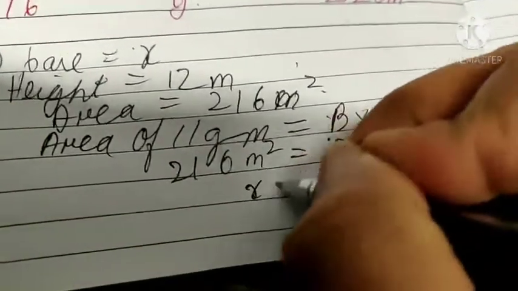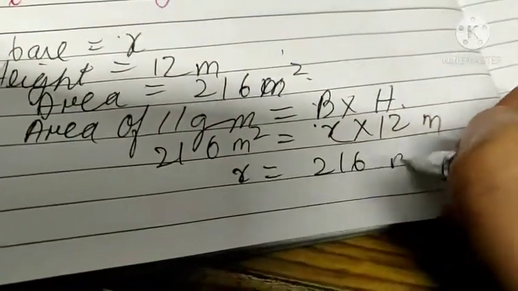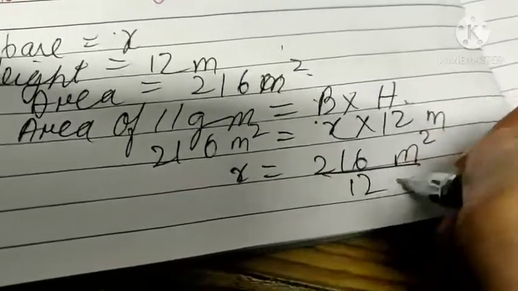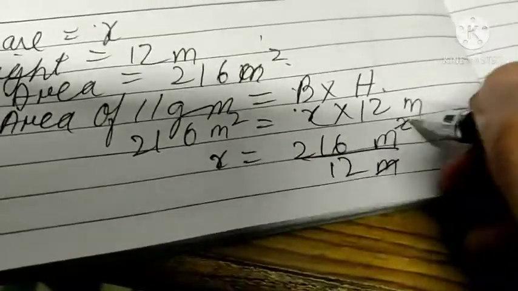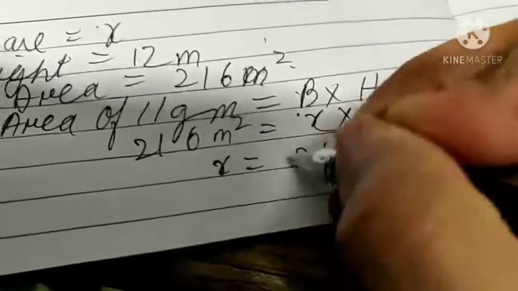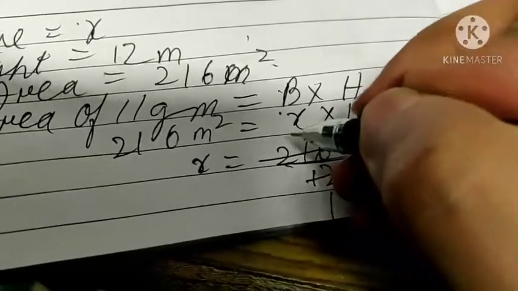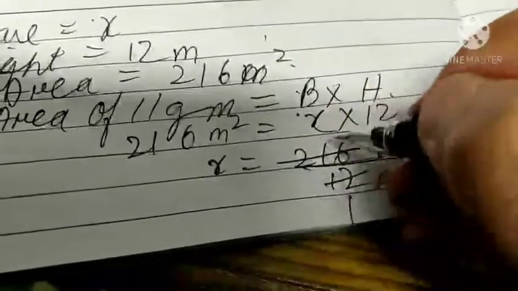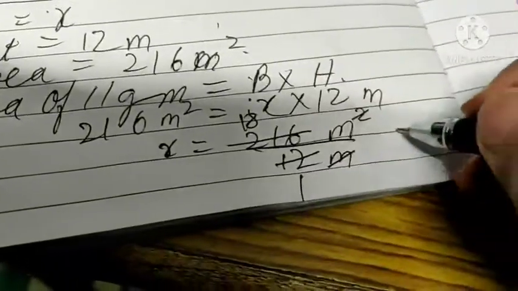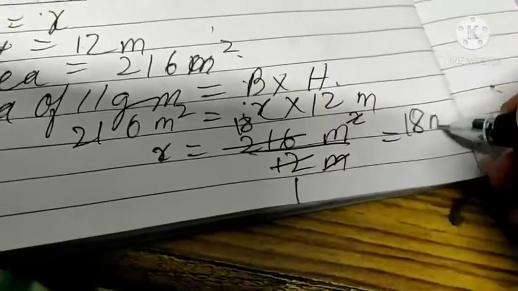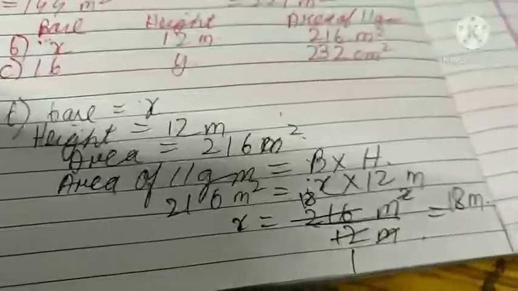So here x is equal to 216 meter square upon 12 meter. Meter and meter square cancel, only meter is left, 12 is cut by this, you get 18. So x is 18 meters. That is, base is 18 meters.